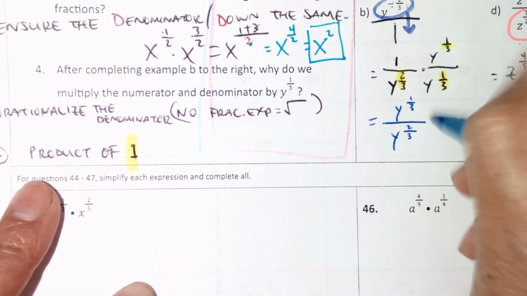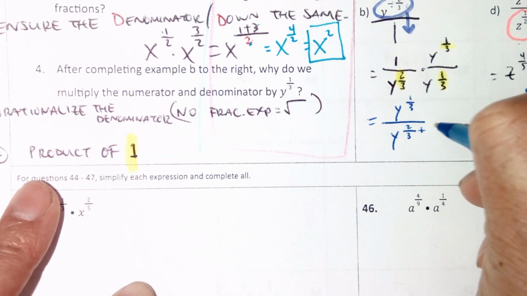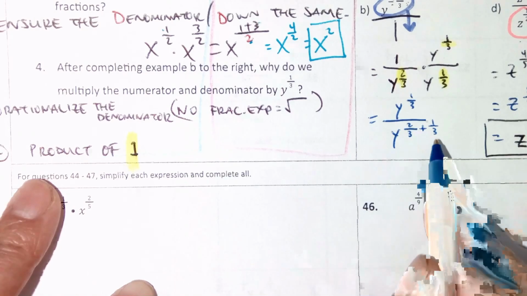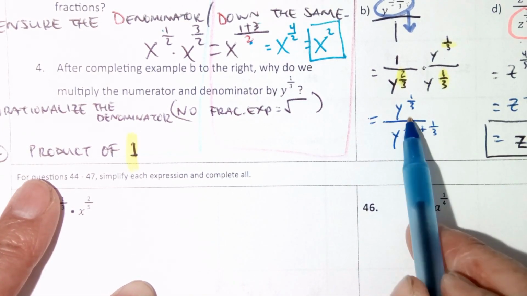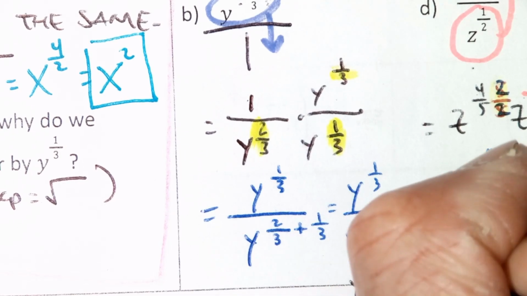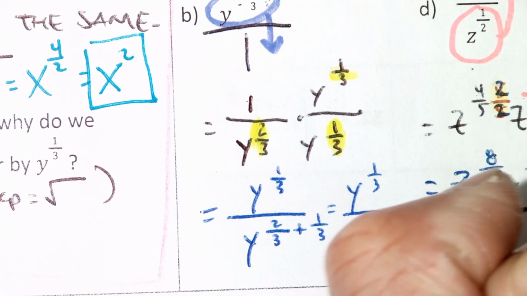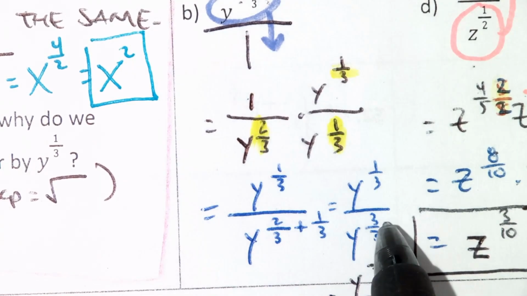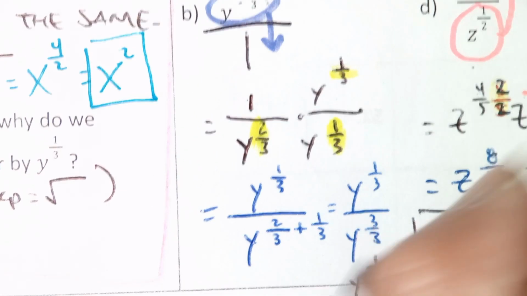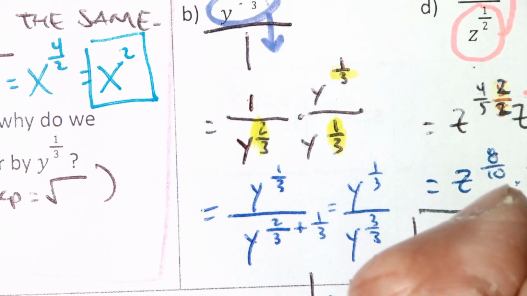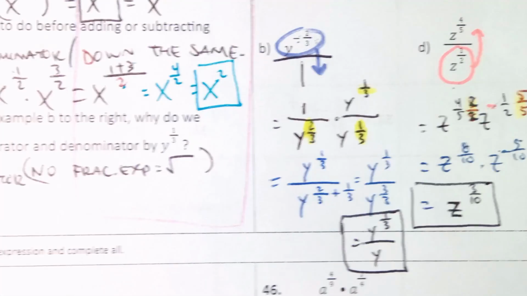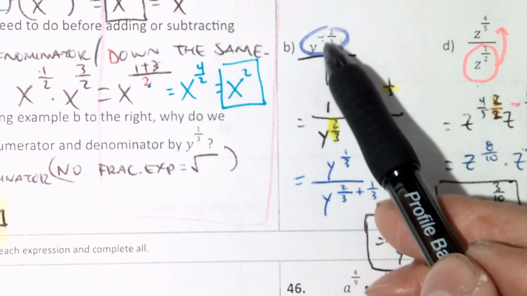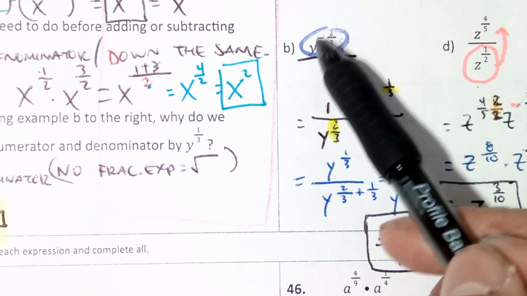So I get y to the 1/3 in the numerator and y to the 2/3 plus 1/3. Remember, you're multiplying the same base, you can add the exponents. So I have 2/3 plus 1/3, that'll give me y to the 3/3, and that's just y to the first. So now your answer is y to the 1/3 in the top, and on the denominator, y to the first power.